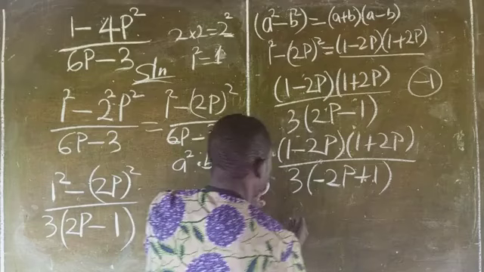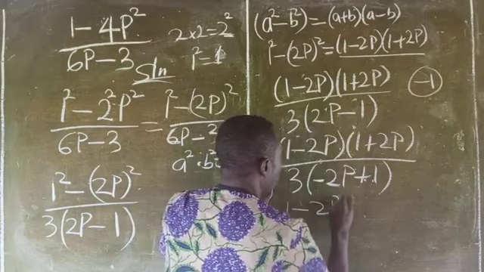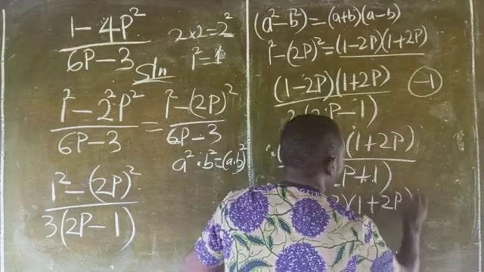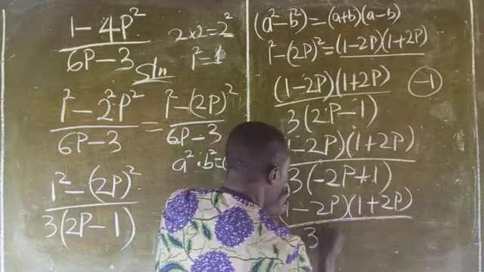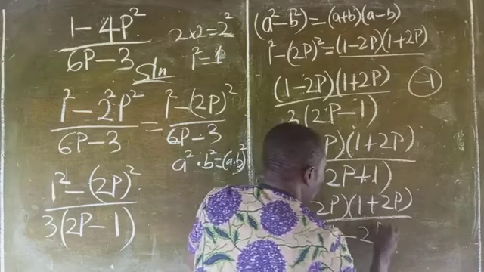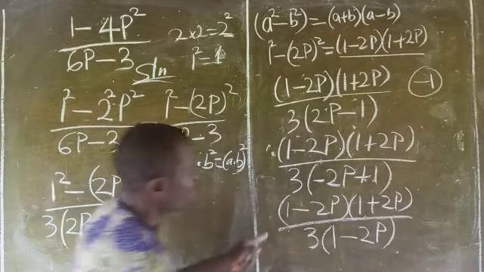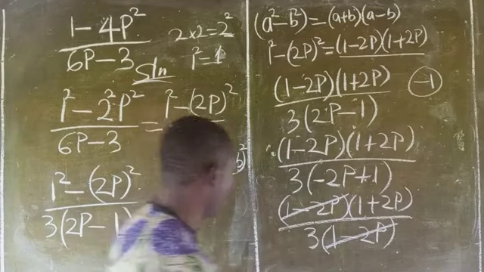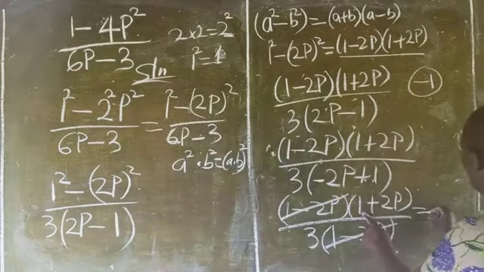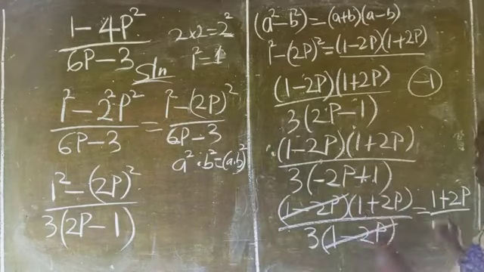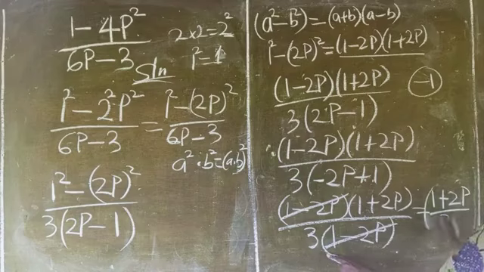And if you rearrange it, it is 1 minus 2p into 1 plus 2p all over 3, the positive one first, 1 minus 2p. You see that? So here, this can cancel out. What is left is 1 plus 2p all over 3. Yeah, this is our final answer.